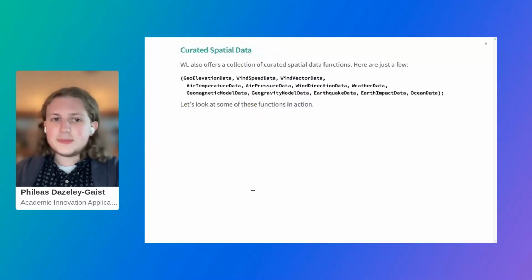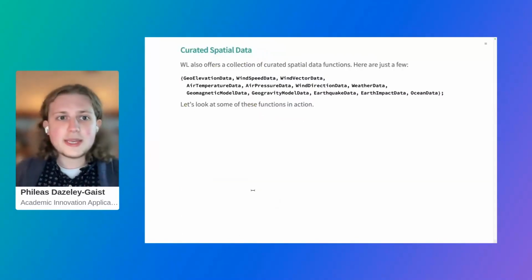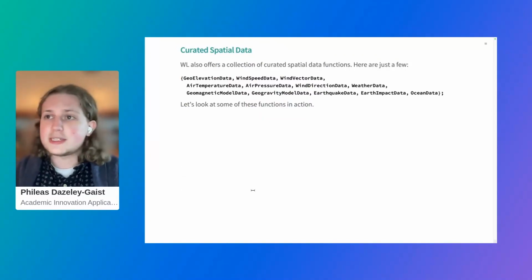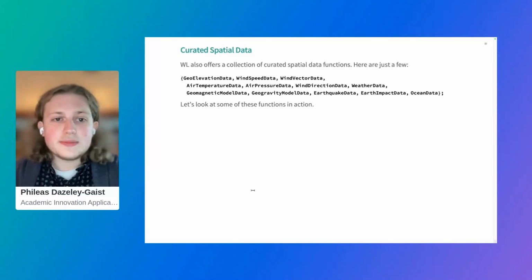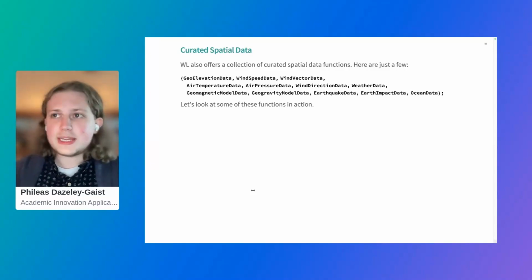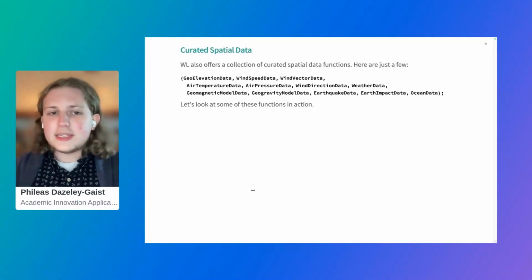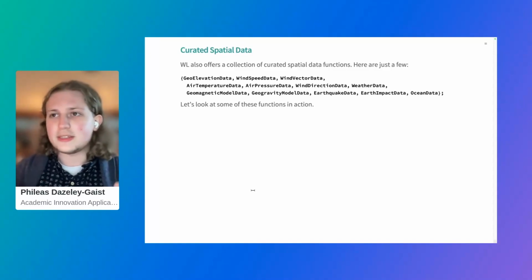Another part of the Wolfram knowledge base is curated spatial data that you can access through functions. For instance, we have functions like GeoElevationData or GeoWindSpeedData to search for curated data that's available in the Wolfram Language.